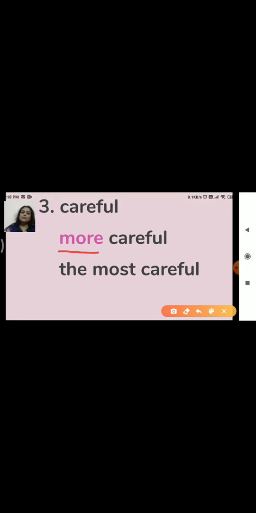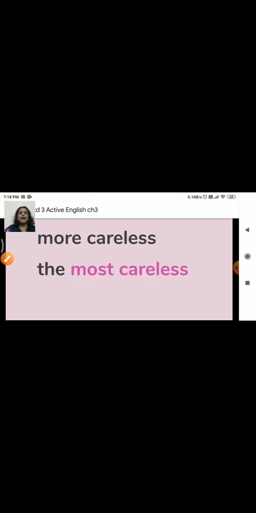So here you have in your book careful, more careful, the most careful. Then you have the next word here, careless: more careless, the most careless.